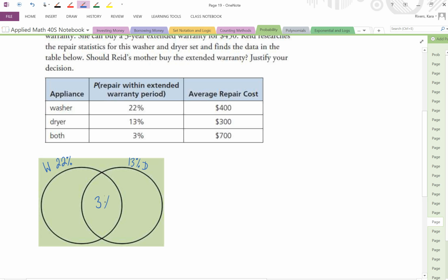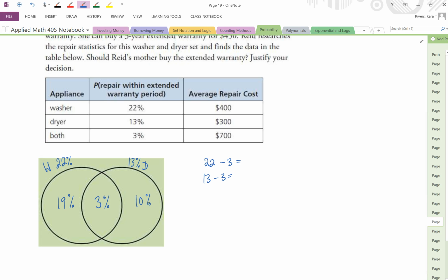Now, there is some overlap here, so in order to figure that out, we would take our 22% minus our 3% to give me 19% for the washer only, and 13% minus 3% to give me 10% for the dryer only.